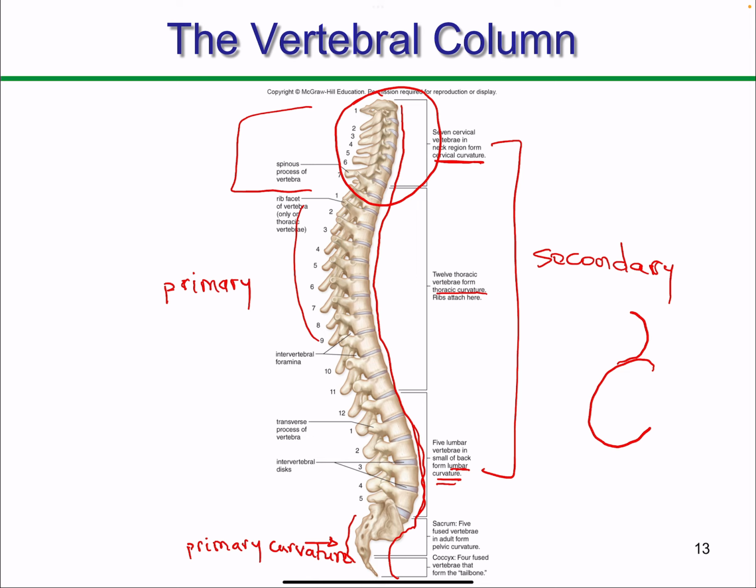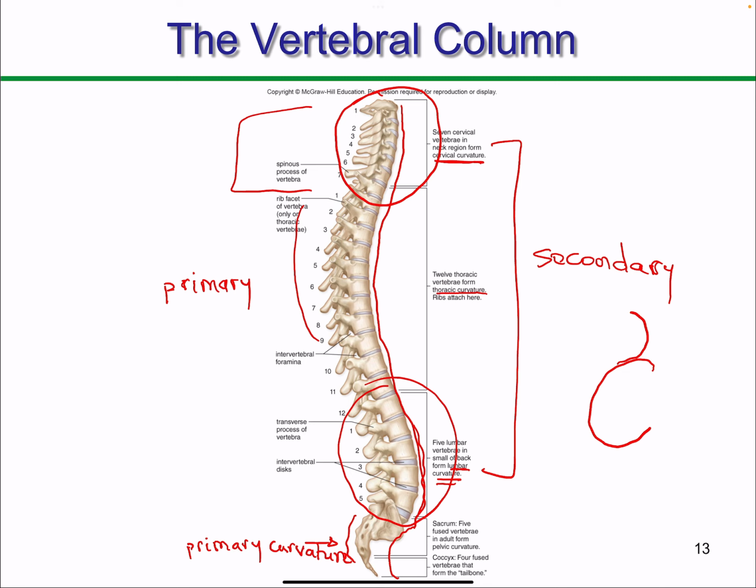And then the lumbar curvature. Now, at some point, the baby starts crawling, and then the baby starts walking. When the baby starts walking, the child has to be on their feet, right? And as they are on their feet, all of a sudden the weight of the body will be supported by the skeleton.